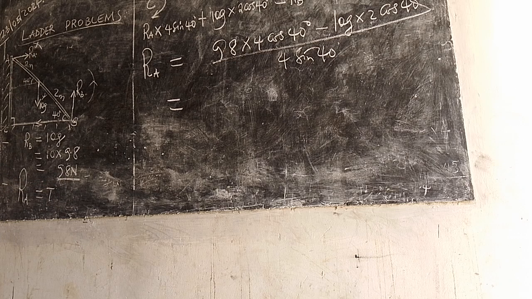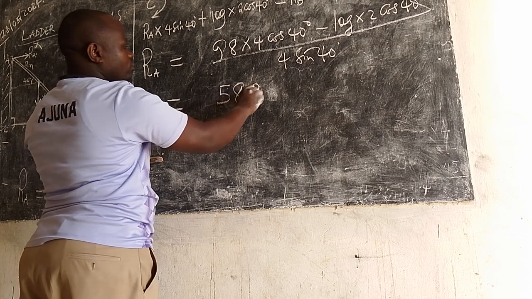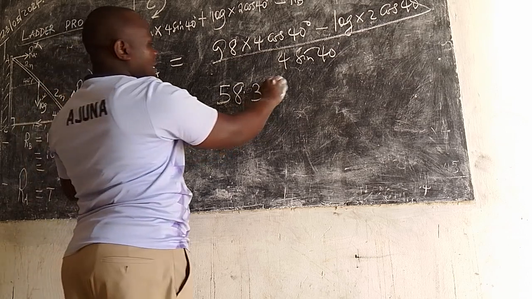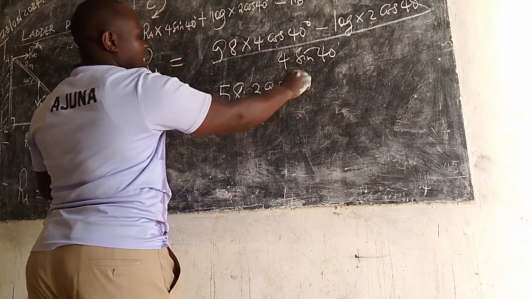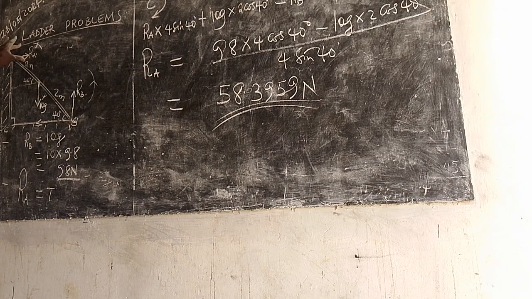So I can say 98 times 4 cos 40 minus 10 times 9.8 times 2 cos 40. I get the answer and I divide by 4 sin 40. I'm getting 58.3959 newtons. So I have the reaction at this and the reaction at that.